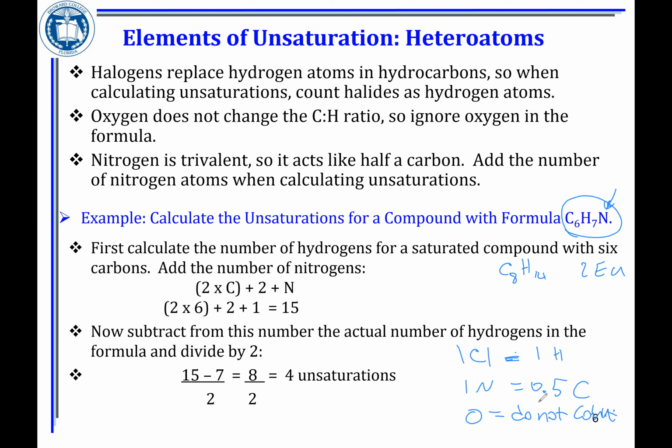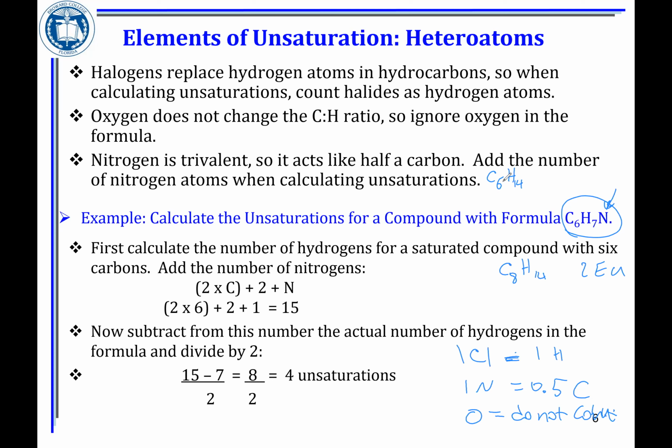So for a compound that is C6H7N, how many hydrogen are needed to be saturated? You have 6 carbon. Can you tell me how many hydrogen are needed to be saturated? Is it 14? Yes, 14 hydrogen are needed.